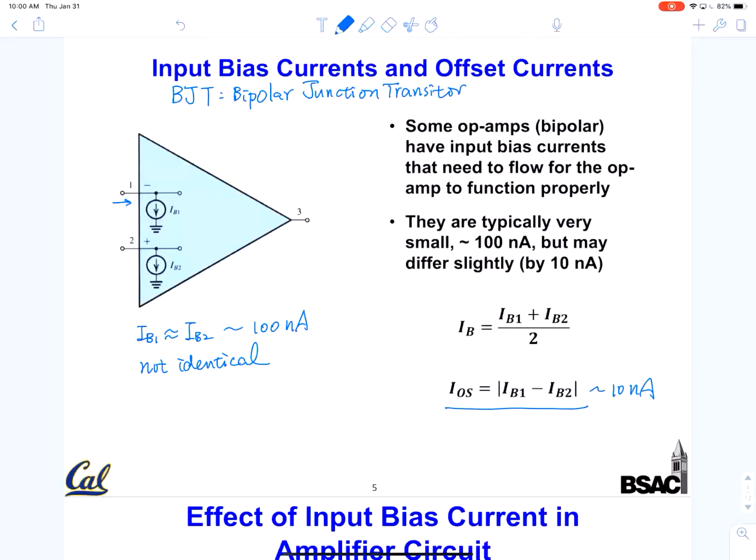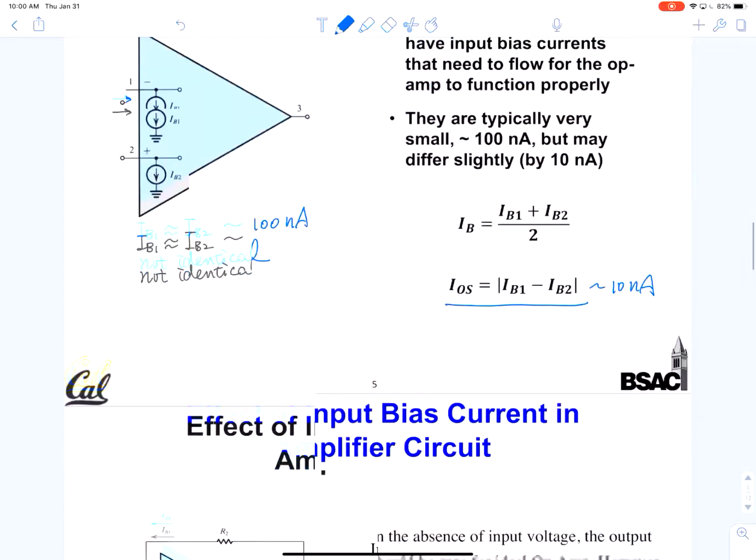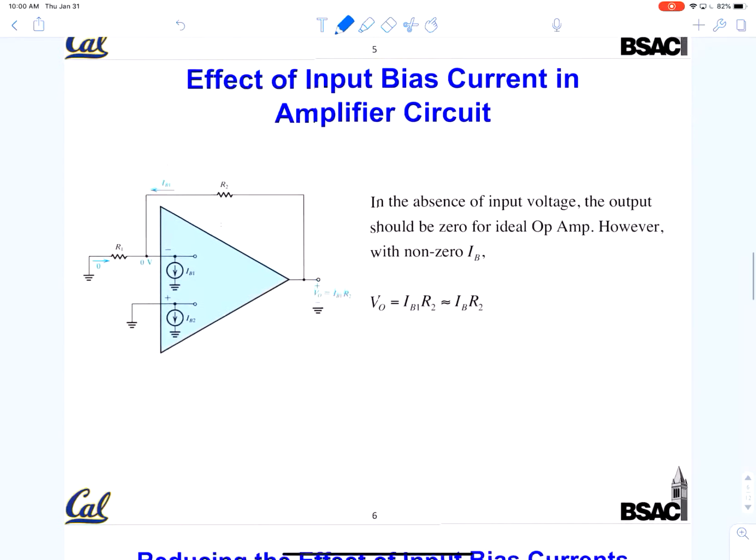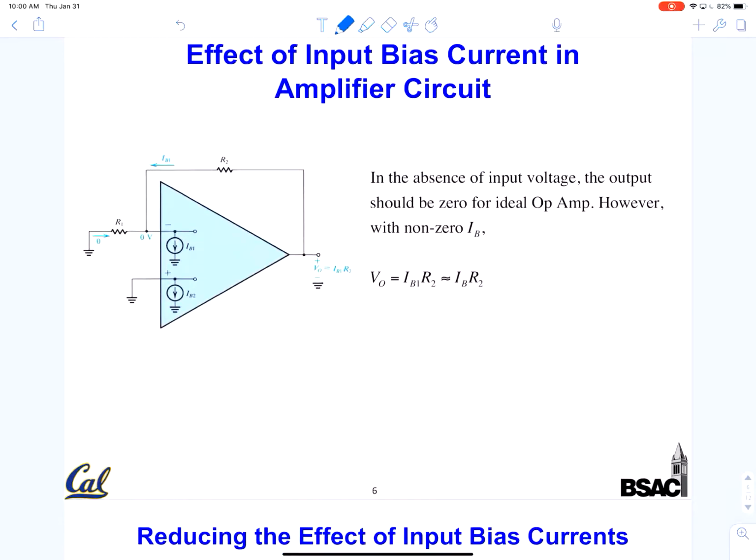What are the implications if you have this small current present? Let's look again at the same circuit we have looked at many times, the inverting amplifier. For an ideal inverting amplifier, let's say VI you apply here.